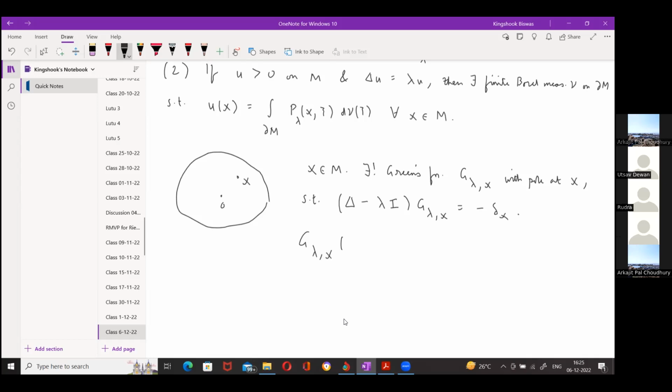G lambda x of y is equal to the integral from 0 to infinity of e to the lambda t p of x, y, t, where p is the heat kernel.